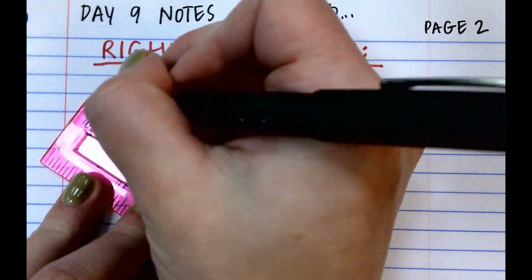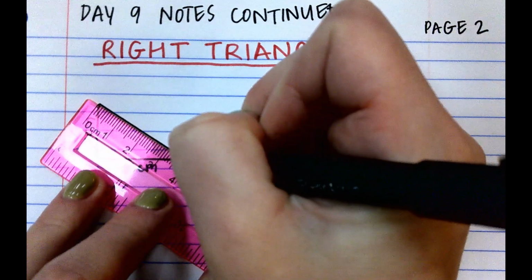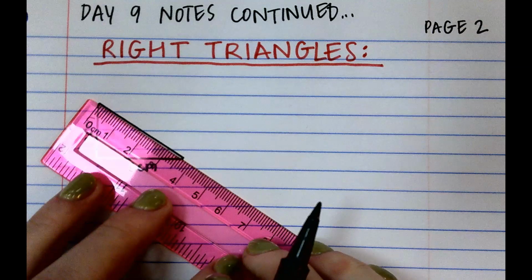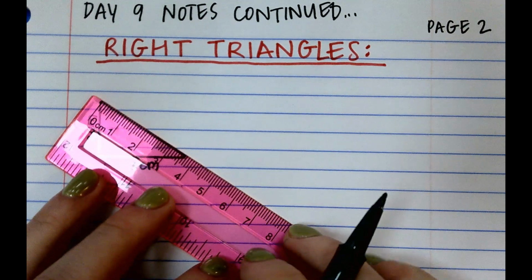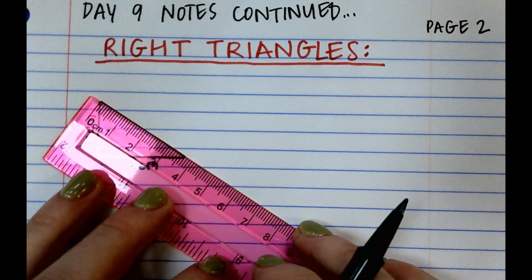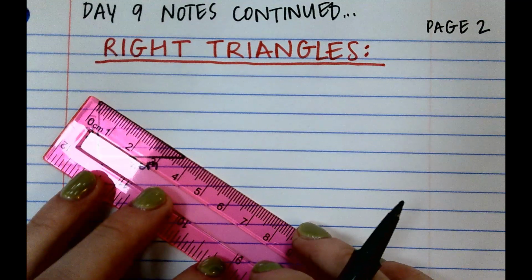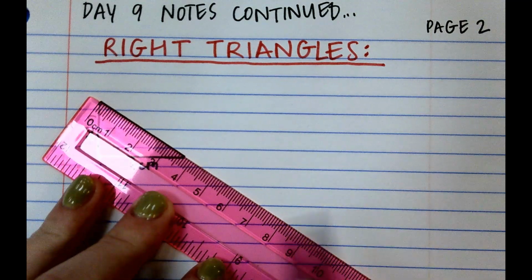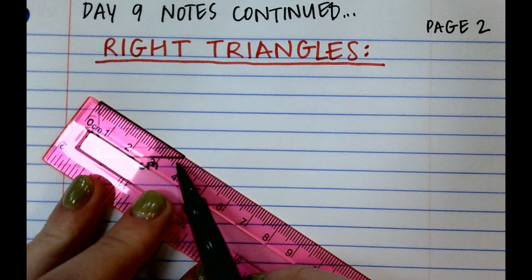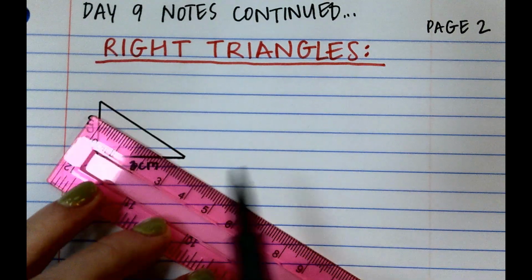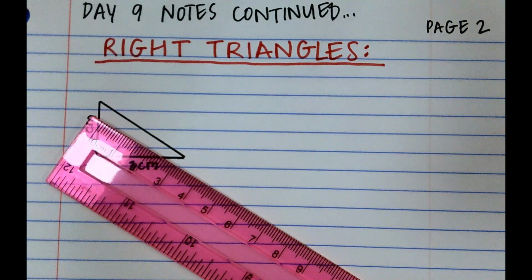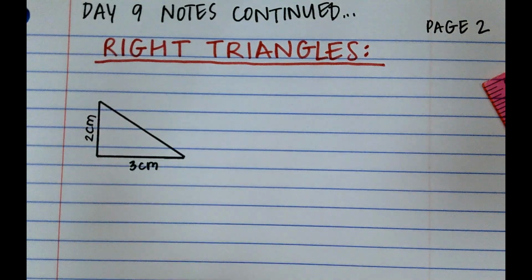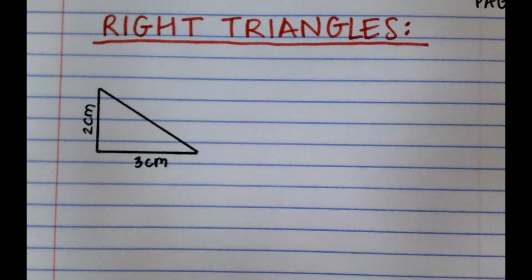And I'm not going to label that last side, even though I could measure it, looks like it's about 3.7-ish, something like that. 3.6 or 7 centimeters. We're not going to label it yet. First, we're going to label different things.